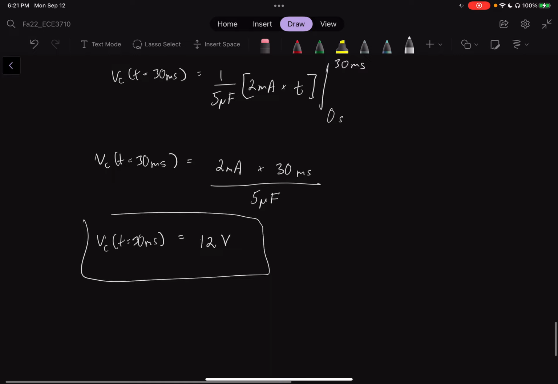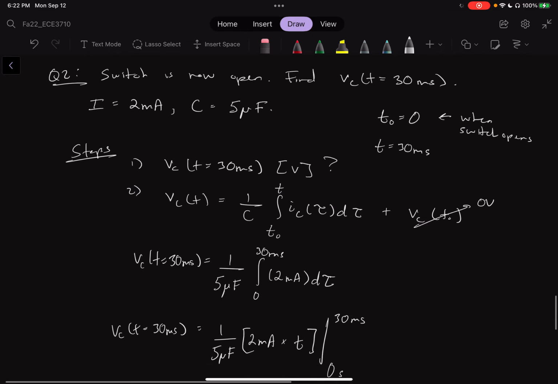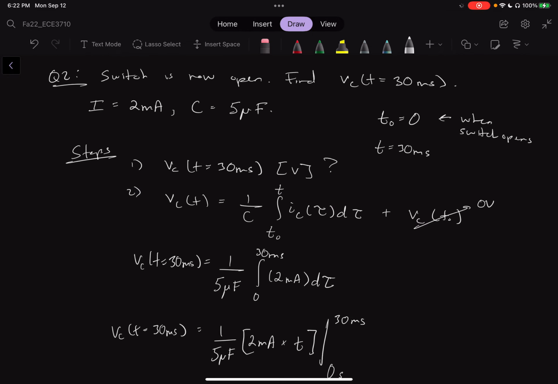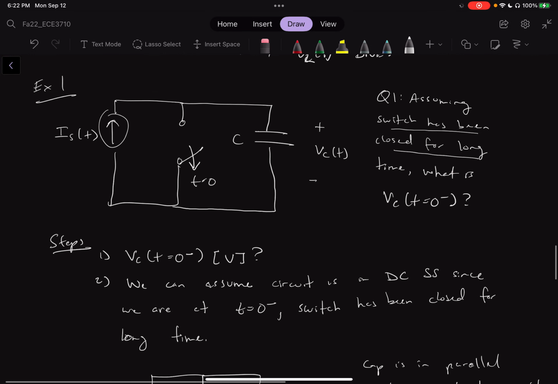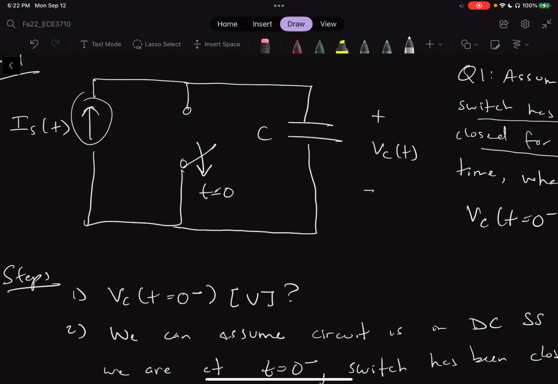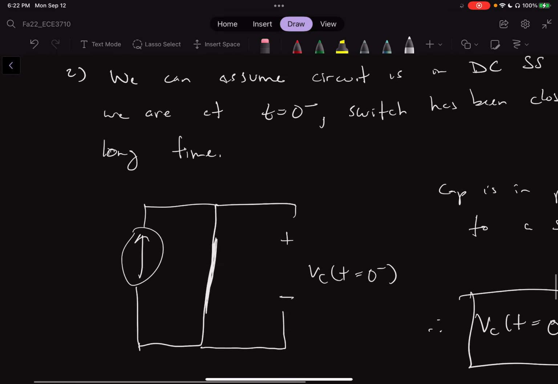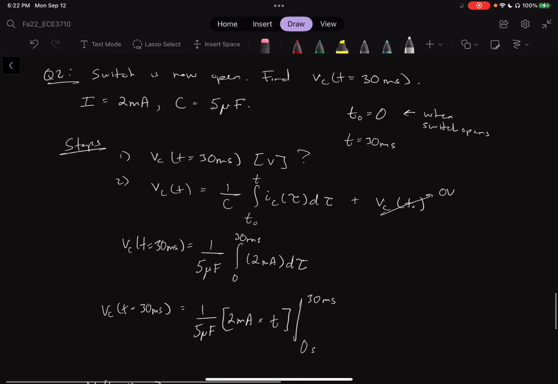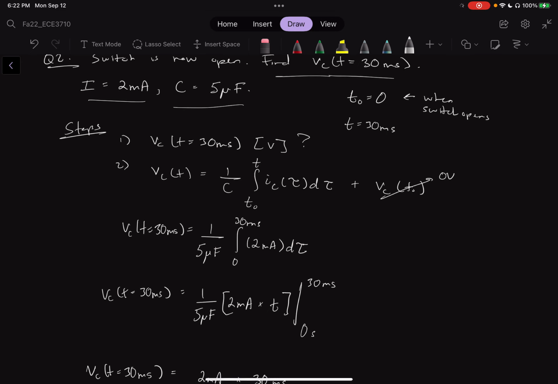There you have it. So recap. The switch is now open. When did it open? At t equal to 0, as shown in the original problem statement. Find VC of t equal to 30 milliseconds, given that the current is 2 milliamps and the capacitor is 5 microfarads. Our initial time is 0 seconds, and our time of interest is 30 milliseconds.